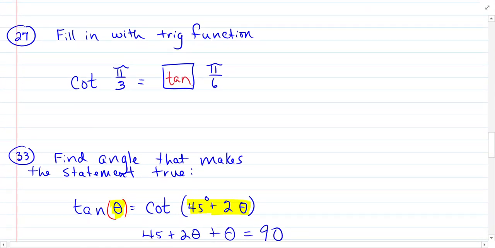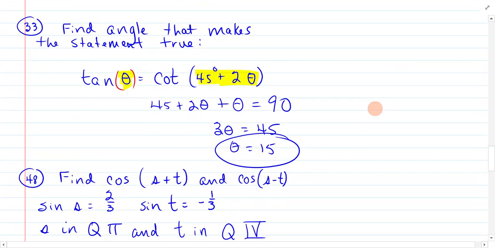All right, and so we practice a little bit more with those. The cotan of pi over 3 is the same as the tan of pi over 6. This one says find the angle that makes the statement true. So you've got this statement here. The tan of theta is equal to the cotan of 45 plus 2 theta.